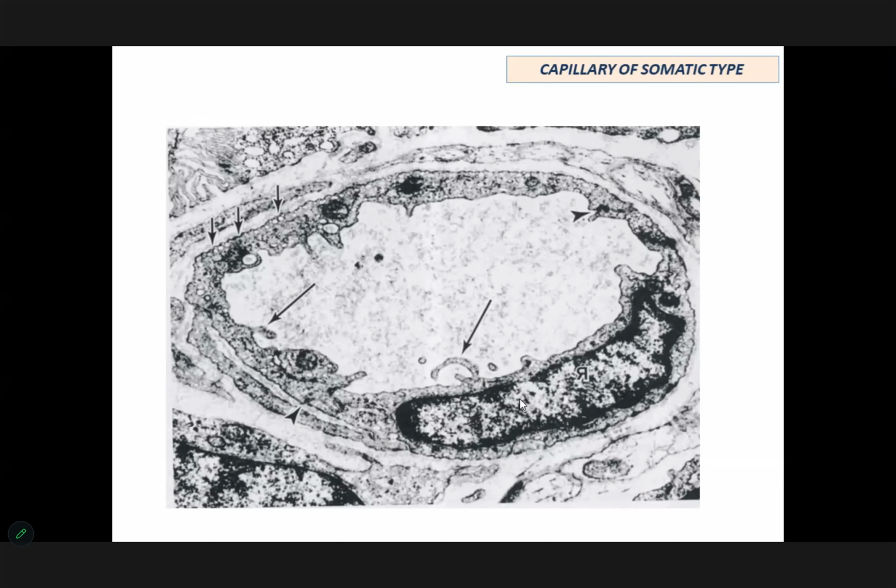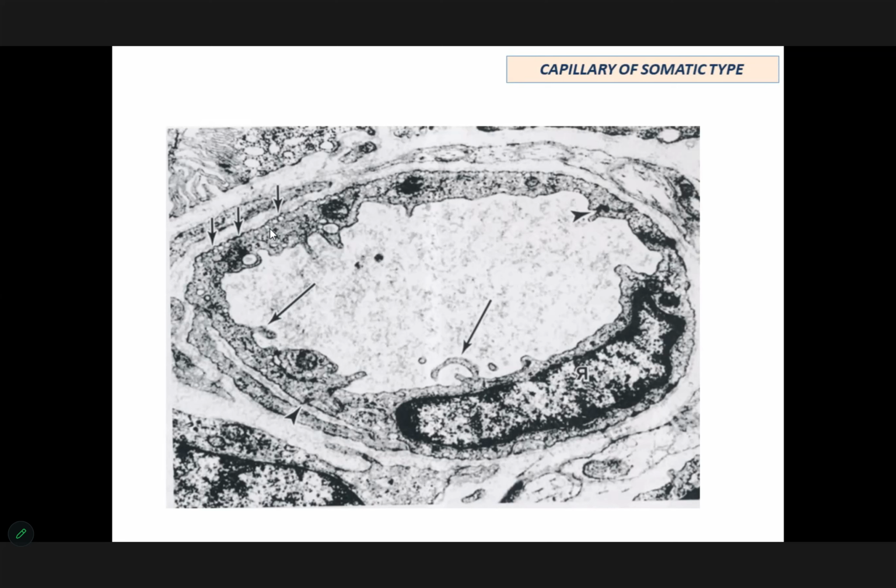And this is the nucleus of the endothelial cell. This endothelial cell is very busy in the process of the transcytosis. It means that it takes some substances, for example, some nutrients, and transports them inside the vesicles through its cytoplasm, releasing them into the surrounding tissue.